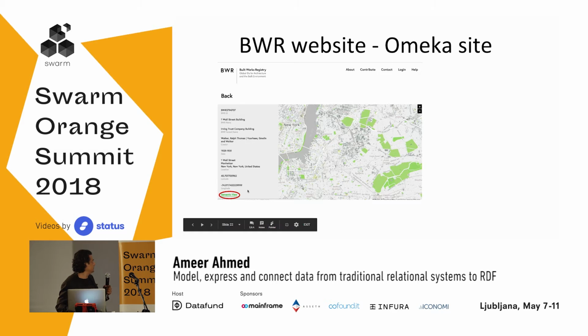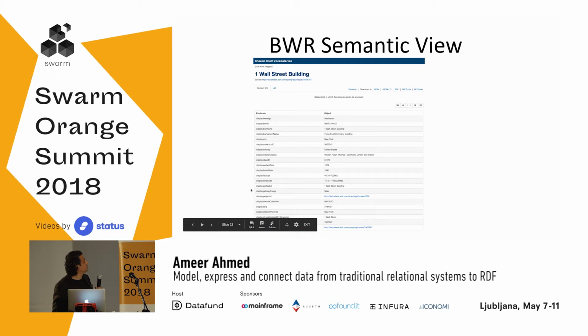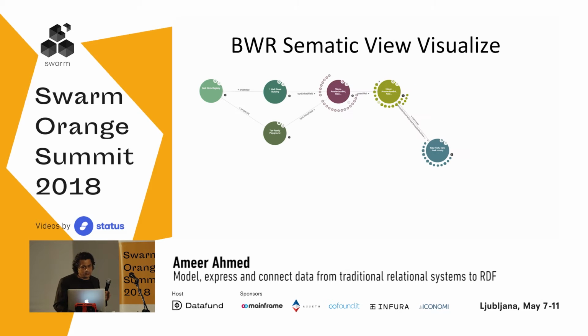And once you click on the semantic view, that's where you see that data in its RDF format. And from here, we can actually visualize it. So you can see the project is BuiltWorks registry. It contains Wall Street building, which is linked to New York record. And from New York, you can see other records which are linked to New York.